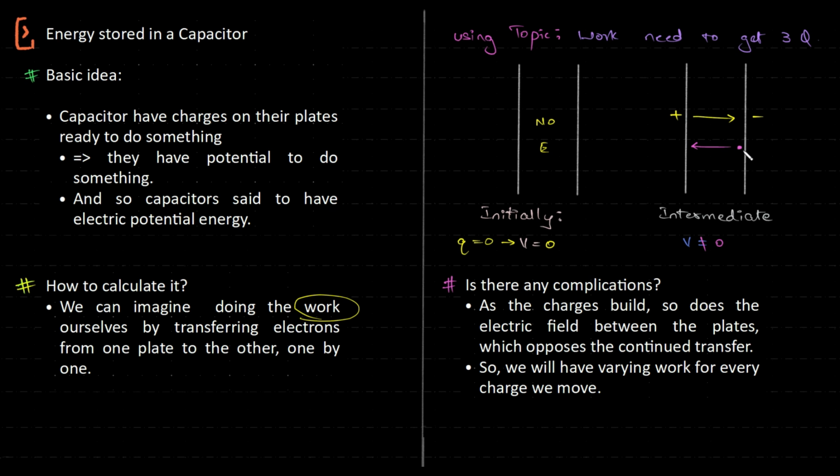Here too, as and when you get each of these electrons from the negative end to the positive end, we come across an electrical field which keeps on building. As the charge builds, so does the electrical field. Say for the second electron, this is the electrical field. But once this comes over, that pair creates an electrical field of its own.